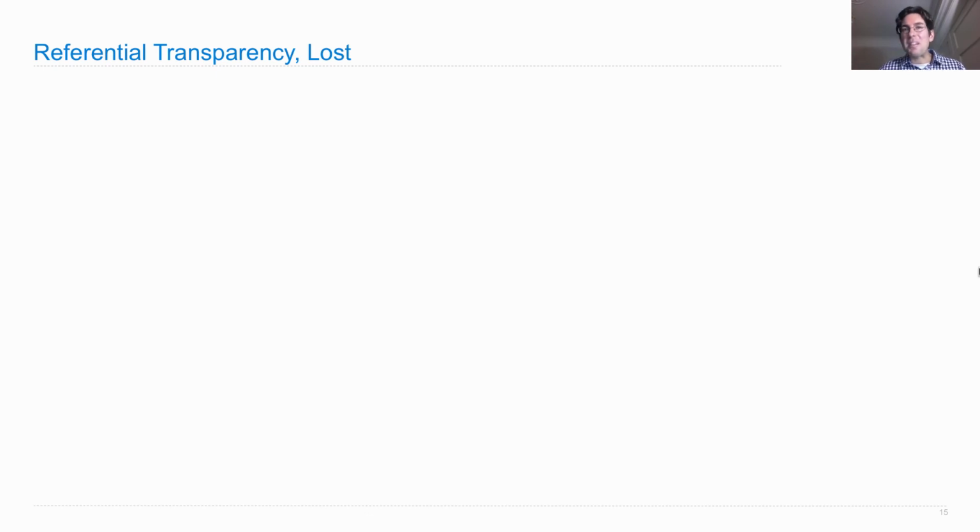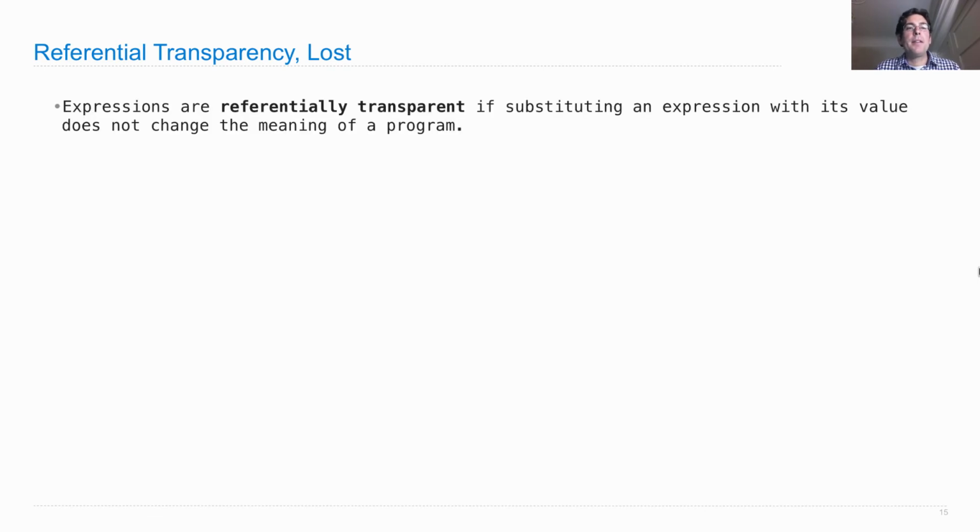Now there's consequences to having mutable data. We've lost something. It's something that you might not have even known we had, but it's actually an important property. So expressions are referentially transparent if substituting an expression with its value does not change the meaning of the program. Here are some referentially transparent expressions, and notice that they involve calls to immutable pure functions.